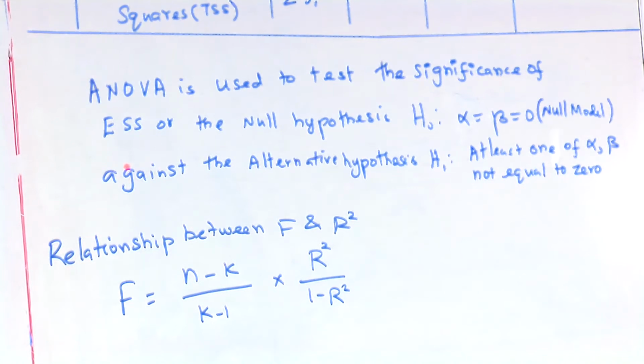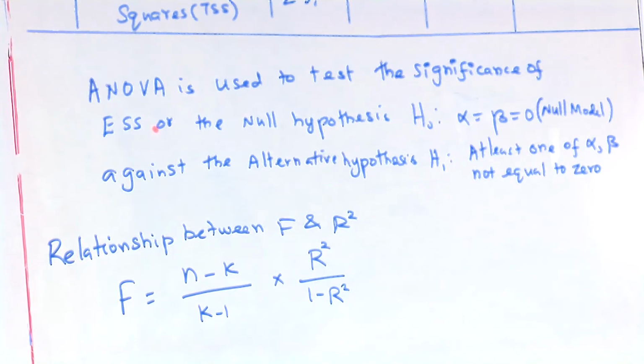If ESS is significant, the model is significant and the model can be explained further. If ESS is not significant, the model cannot be explained because it is a null model or dummy model.